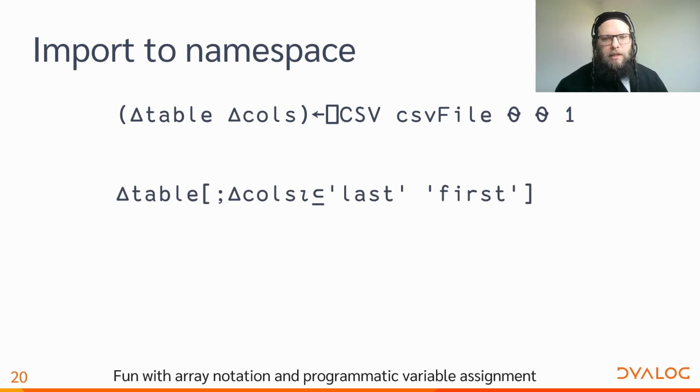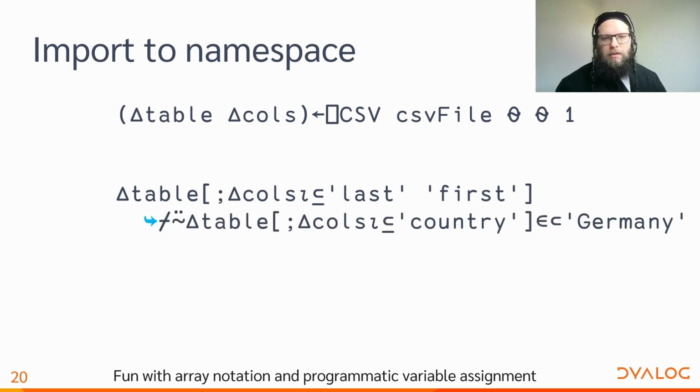So let's say that we wanted the last and first values. So we are sort of compressing our table to just have the columns that have the last name and the first name in that order. So we can look up last and first in the list of column names, and then we use that as the column indices in the table.